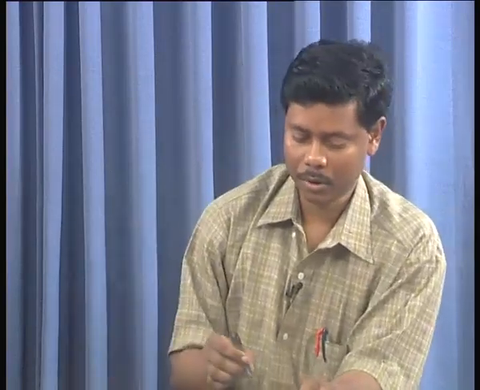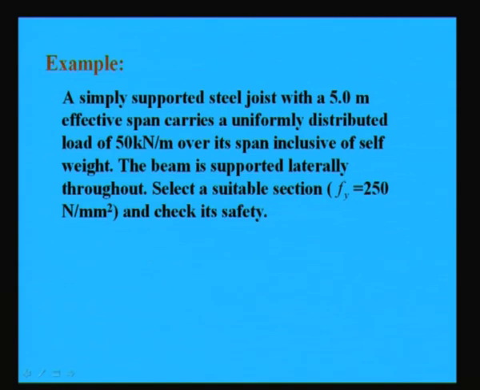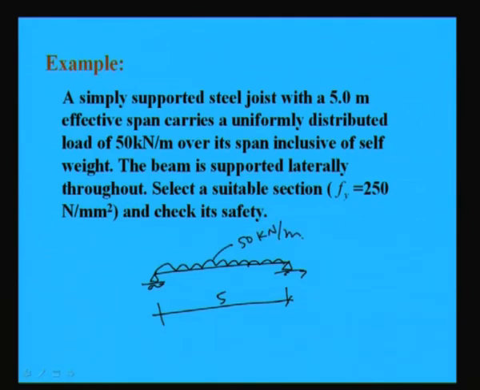So, last day what we told is that a simply supported steel joist with a 5 meter effective length, and carrying a uniformly distributed load of 50 kilonewton per meter, including the self weight.